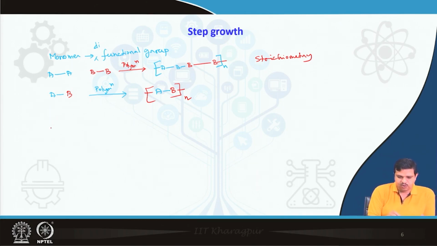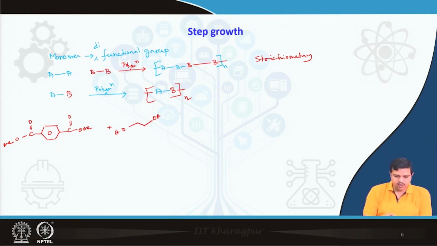Here that PET is synthesized by the step growth polymerization. What are the monomers? So, obviously, the ester group, okay, and the diol, so polyethylene terephthalate.